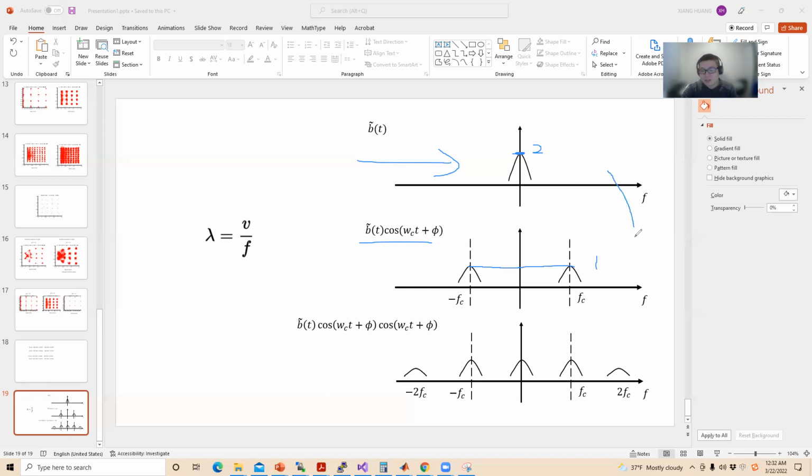So it's half of the magnitude of 2, right? So if you want each peak to have the same magnitude, you should multiply by 2 here. Okay.